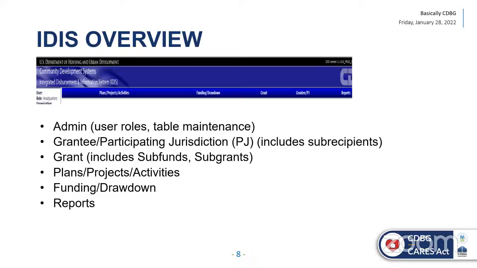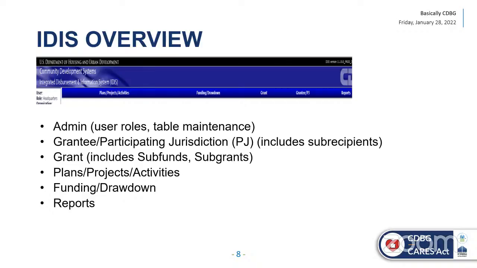Listed here on the bullets, it's not actually in the exact order, but the administration tab, which not everyone will see, and you'll only see that if you're an administrator, is where you have user roles and table maintenance. For grantees, it's mostly to assign privileges to staff as needed and activate and inactivate staff.